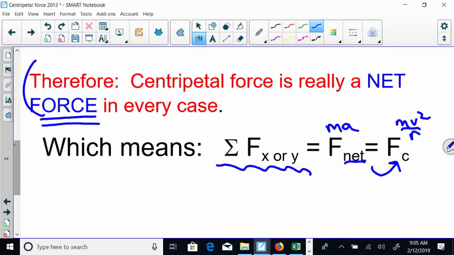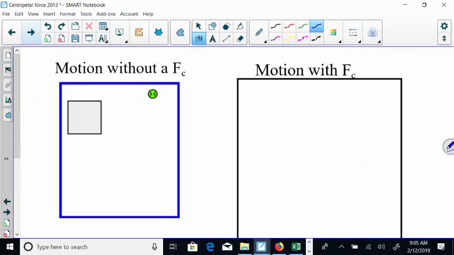So just to show this, if you look at motion, one of the things that we think about is, well, how do you go around a corner in your car? Well, this is a ball that is moving in a straight line. If there's no force applied to the ball, it's going to continue moving in a straight line.